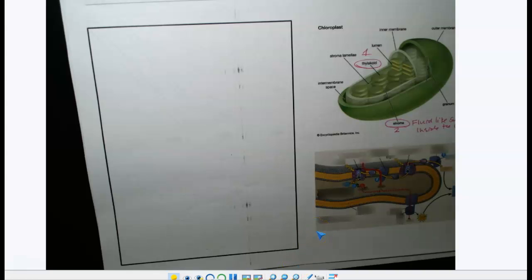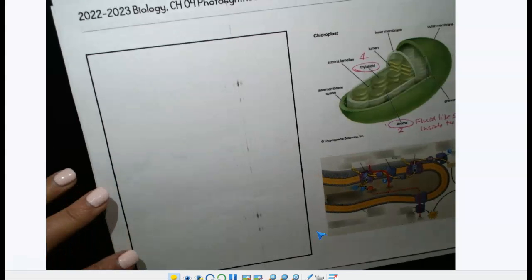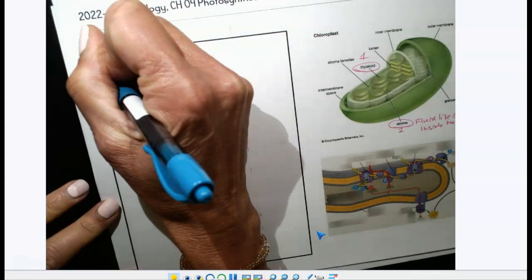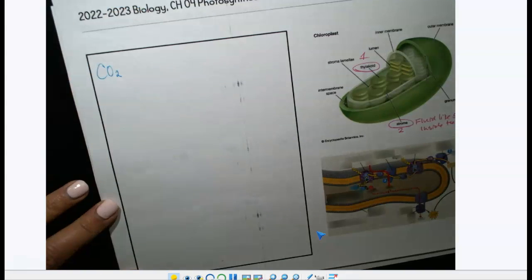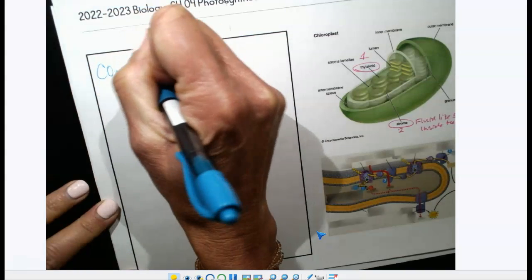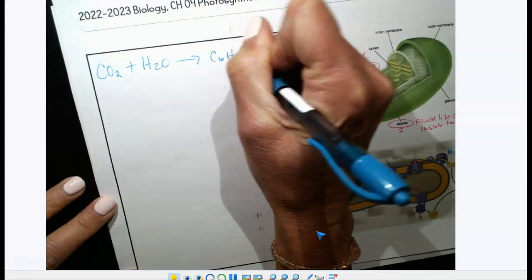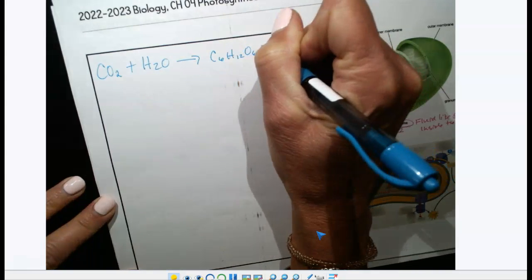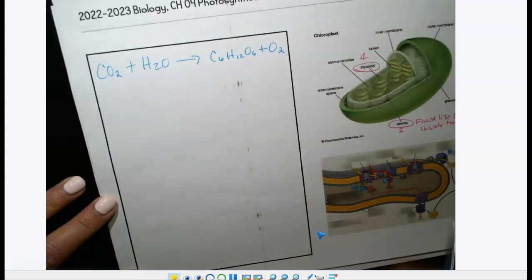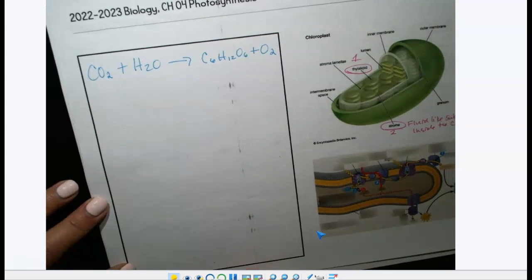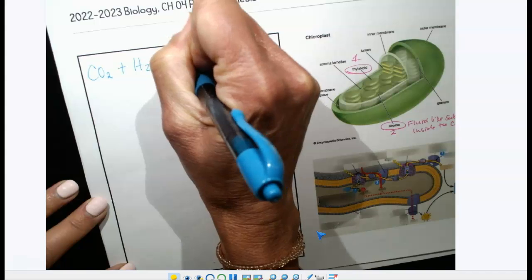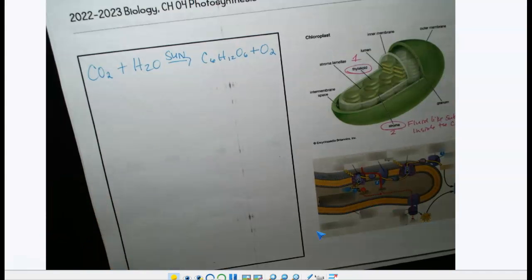Okay, so the very first thing that I want to do is start with our chemical equation. CO2 plus H2O yields C6H12O6 plus O2. Now I'm going to put sun right over the top of my arrow because this has to occur in the presence of sunlight.